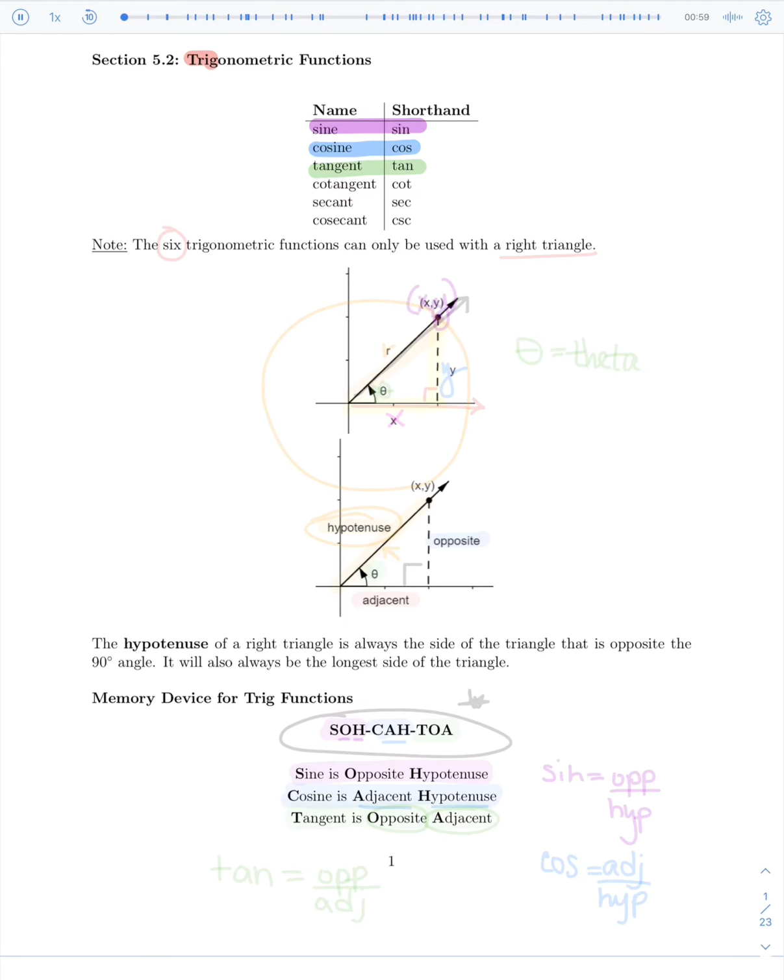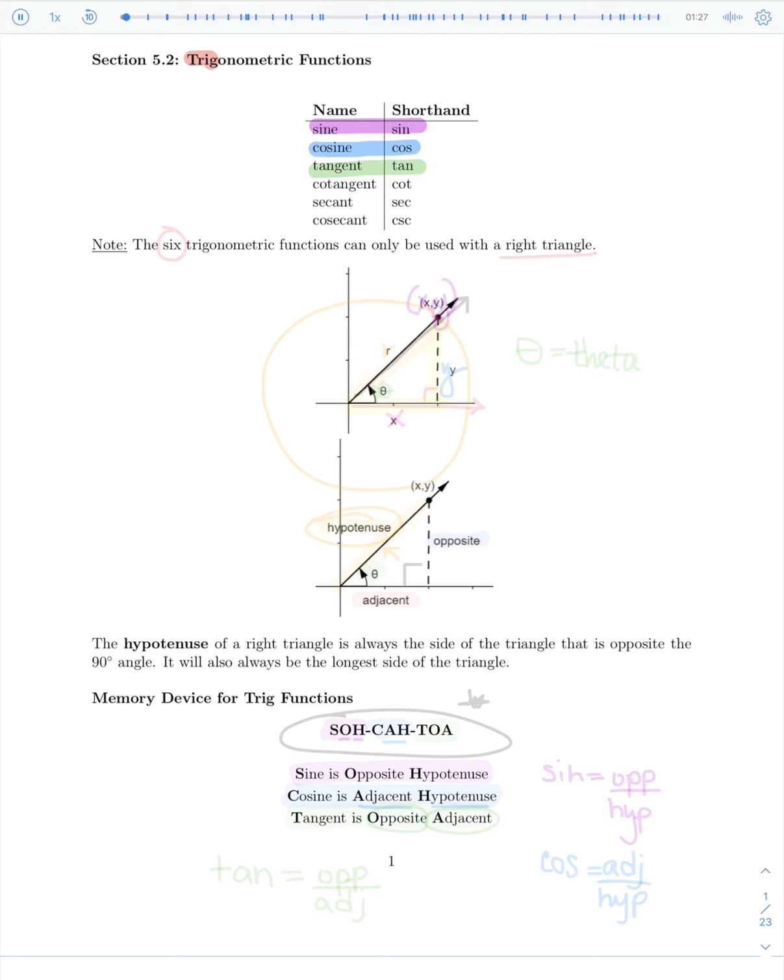There are 3 other trig functions, which are cotangent, secant, and cosecant, but those are just going to be reciprocals of the other functions. They will have different graphs, they will be a little bit different, but they're not distinct new trig functions. They're based off the ones we already have.